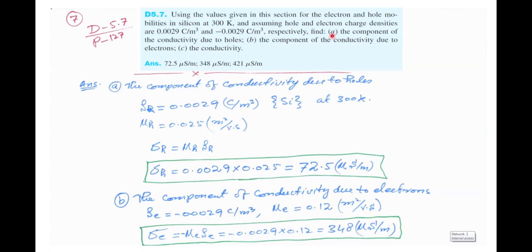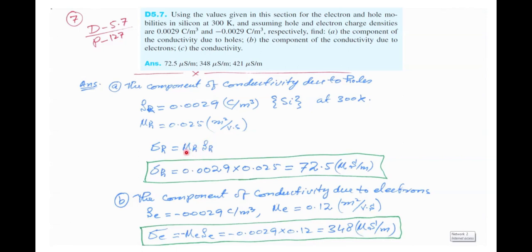In part A we are asked to find the component of conductivity of silicon due to holes. We are given all this information at 300 Kelvin. So the component of conductivity due to holes equals mobility of holes times the concentration of holes.